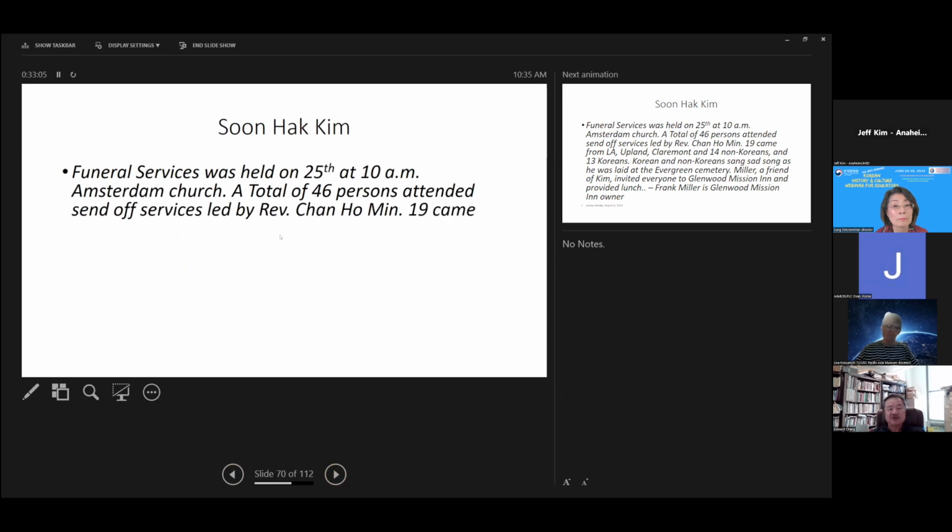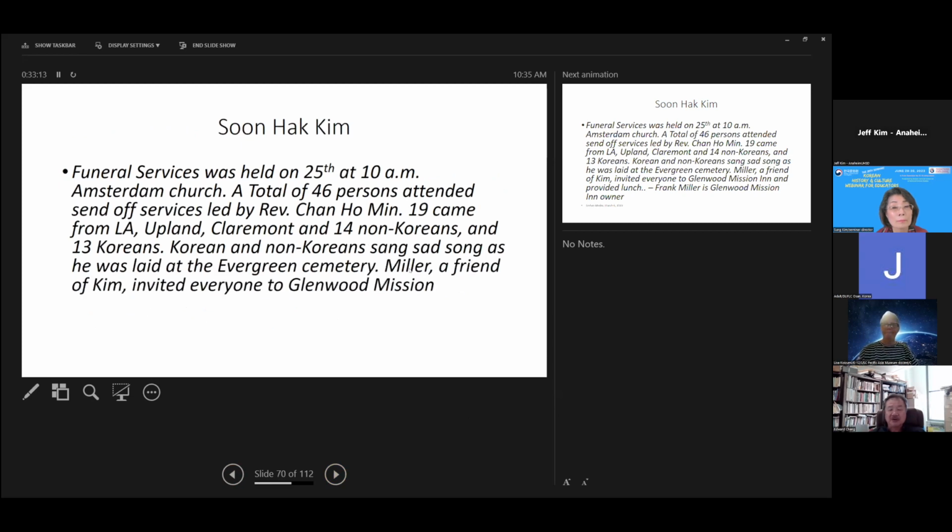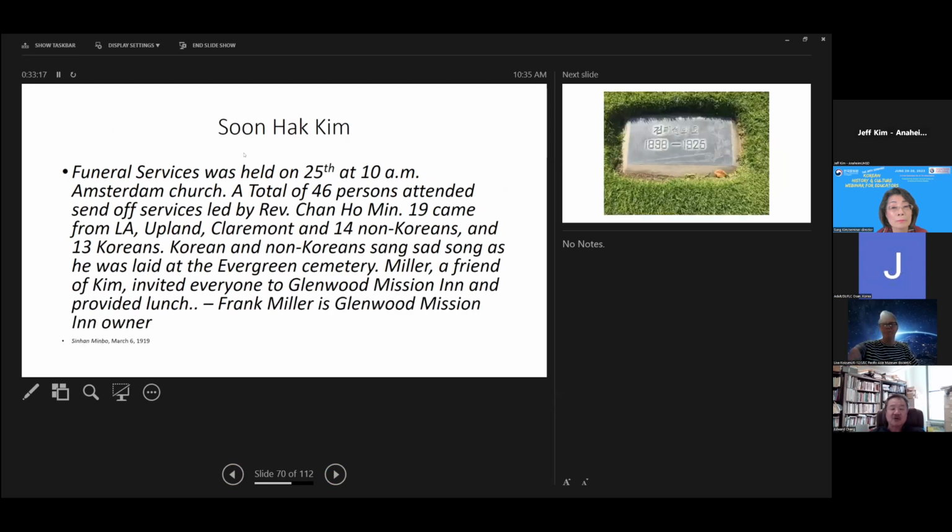Another interesting piece of this is that during his funeral, Miller, the owner of the Mission Inn, invited all the guests to his very fancy hotel and provided lunch, which was very unusual at the time.